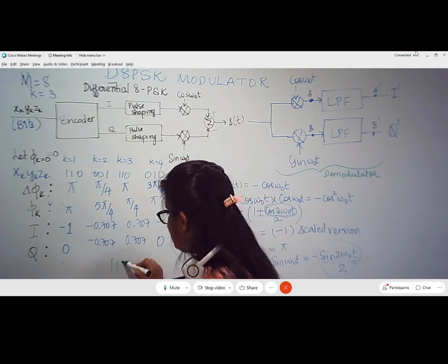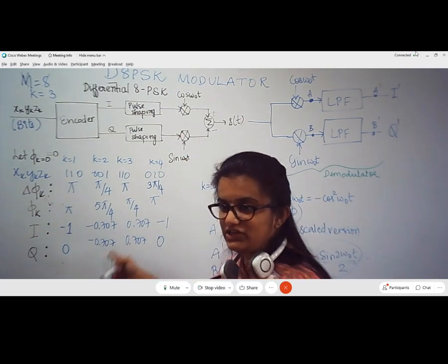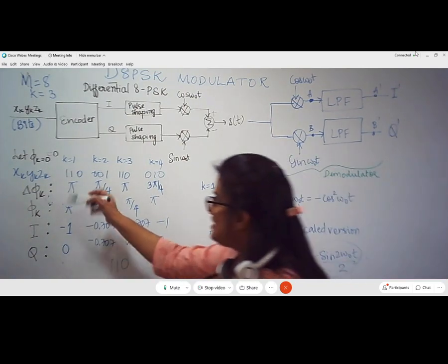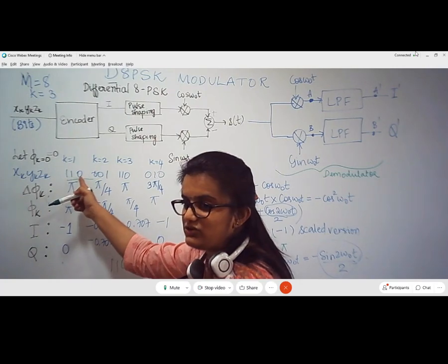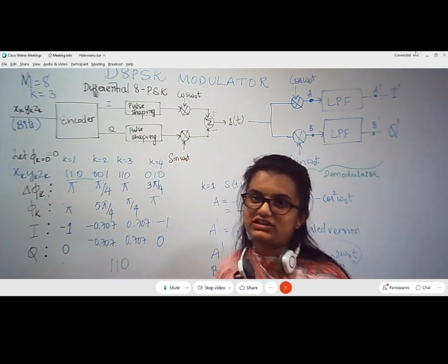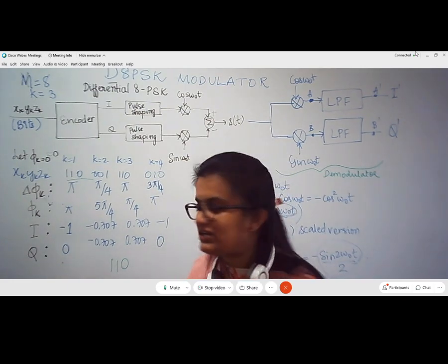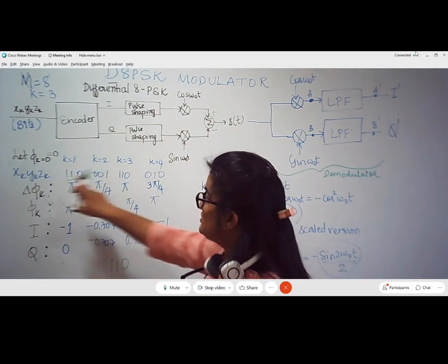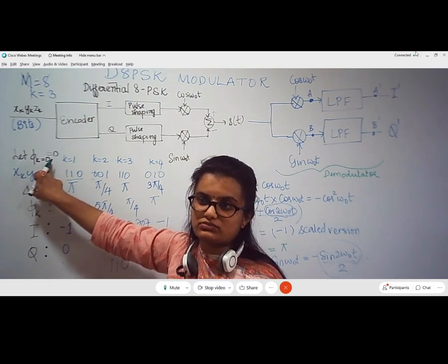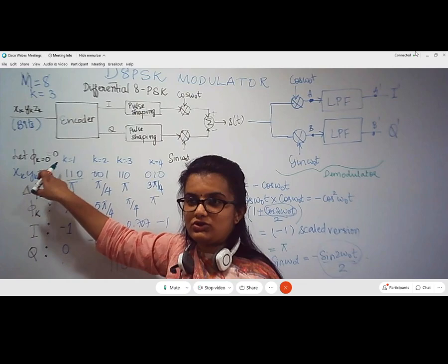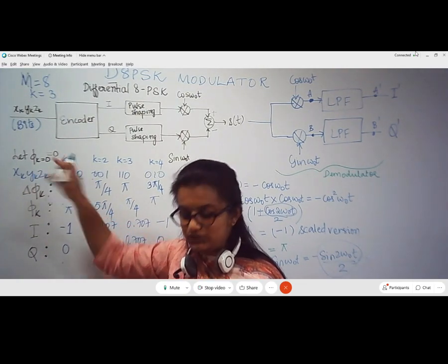Correct. 110 was the bit stream that was assigned to the phase difference pi. You can see that at k is equal to 1, 110 was transmitted. Of course, this is with the assumption that the receiver already knows that the initial phase is 0.